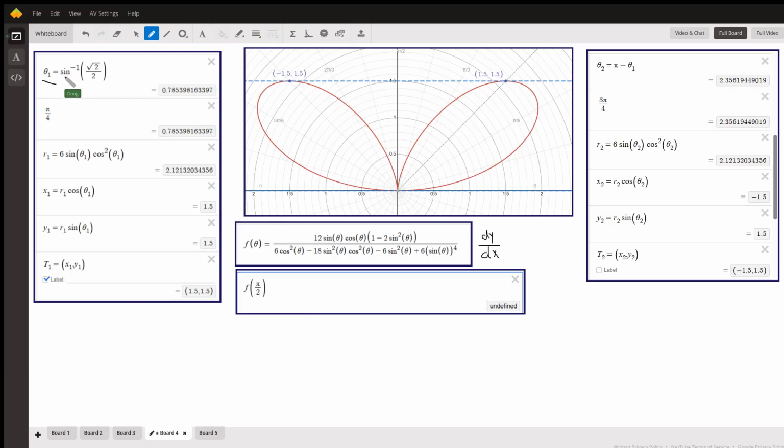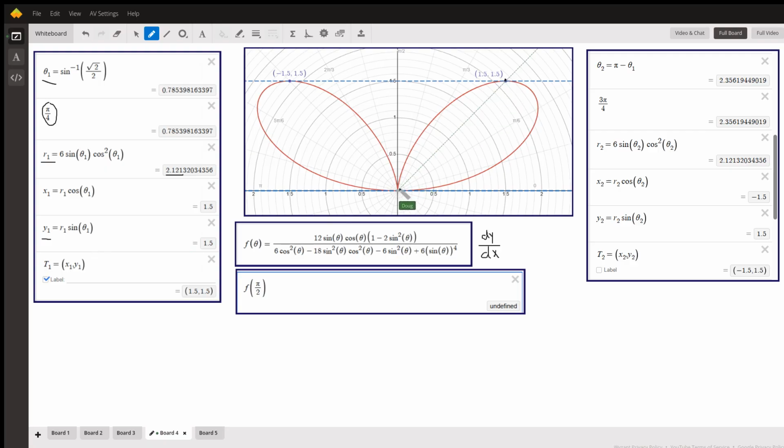So if theta sub 1 equals inverse sine of radical 2 over 2, that's actually pi over 4. And if theta equals pi over 4, the radius at that point is 2.12. And so the x-coordinate of the point of tangency is r1 cosine theta 1, and the y-coordinate is r1 sine theta 1. So there's the point right there.